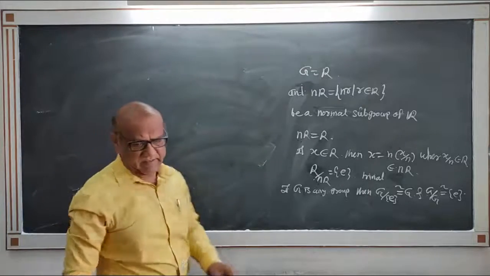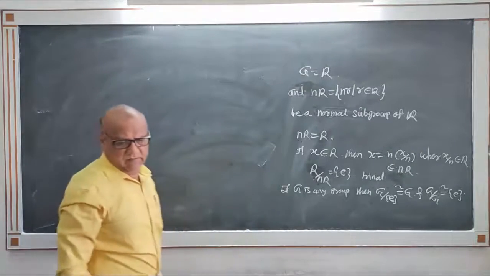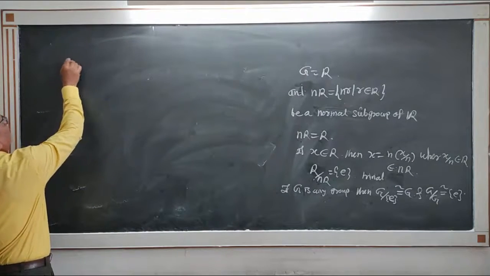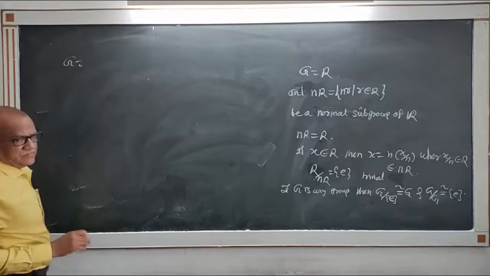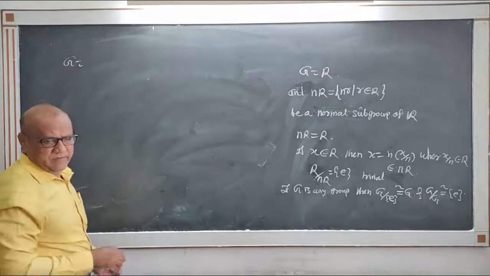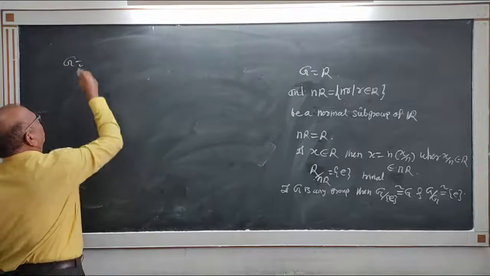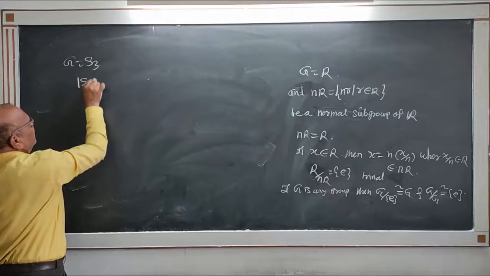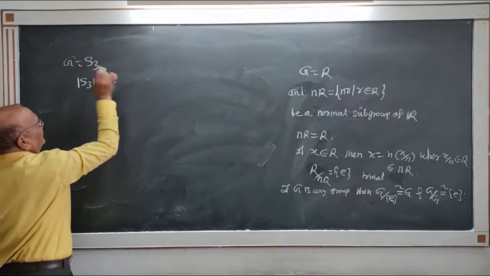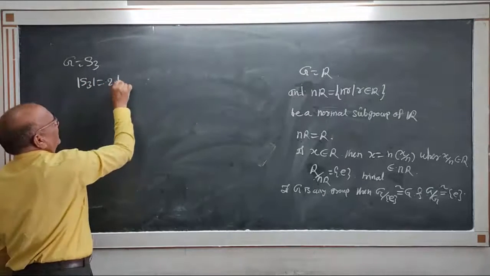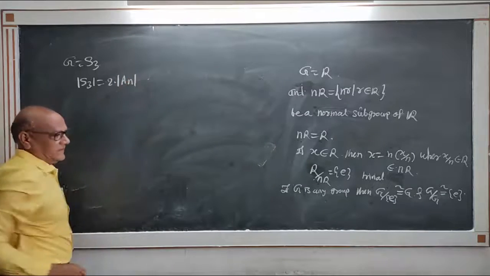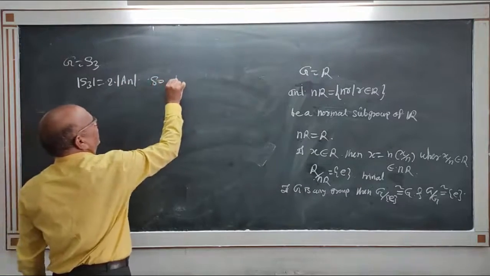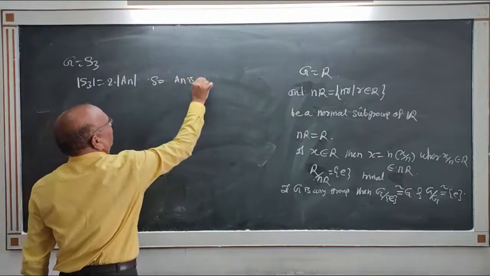Another example here. Here G is equal to Sn, and the order of Sn is equal to 2 times the order of An, so An is normal.